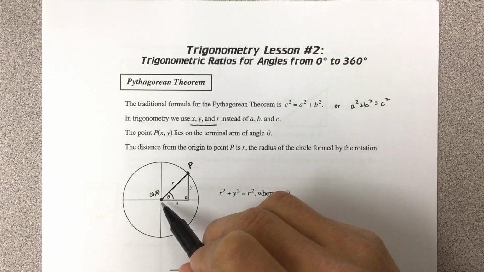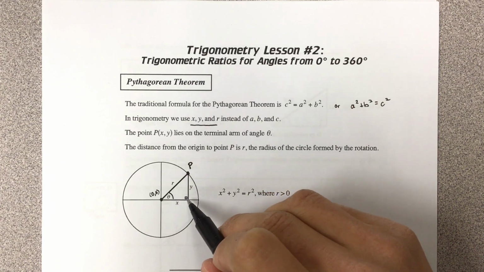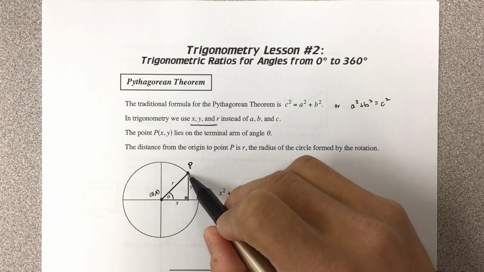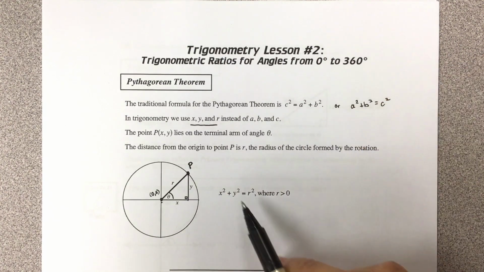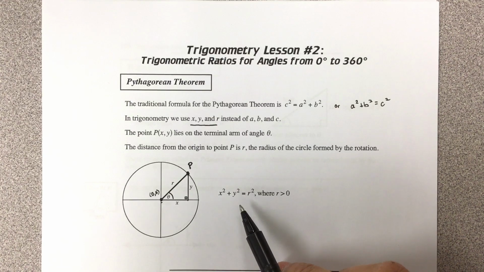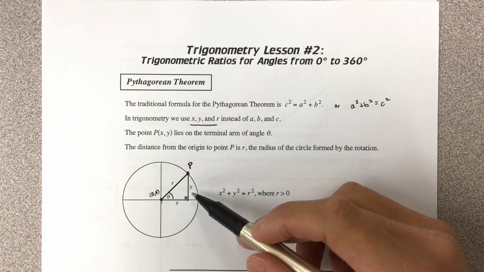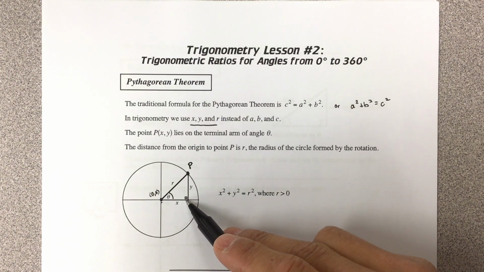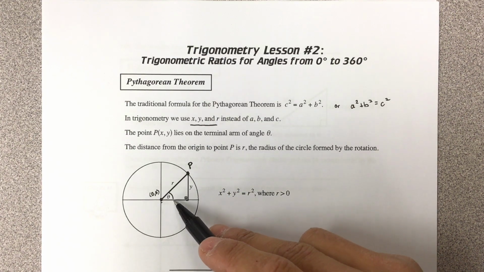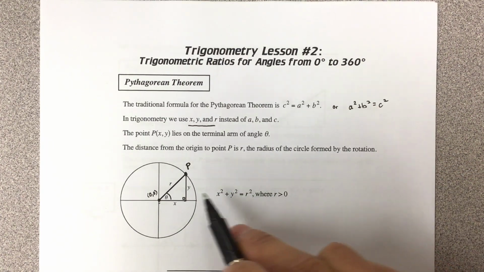Now, x and y is going to be the horizontal distance and the vertical distance from the origin to point P. And that's why if I want to determine any of the lengths of x, y, or r, I can use Pythagorean theorem because I have a right angle triangle that's formed with this angle theta. And of course here r has to be greater than 0.